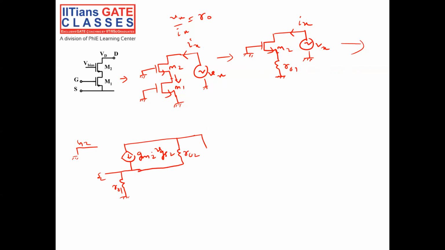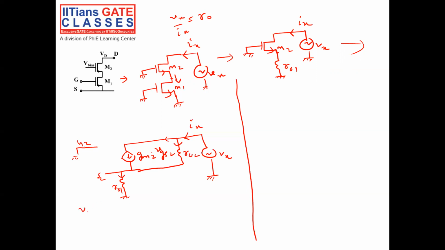Then this is the voltage I am applying, Vx. The current here is Ix. So now we will calculate Vx by Ix here. You can note it down here. If Vg is grounded, whatever current Ix is flowing will divide between these two. Again, the same current will flow through R01.